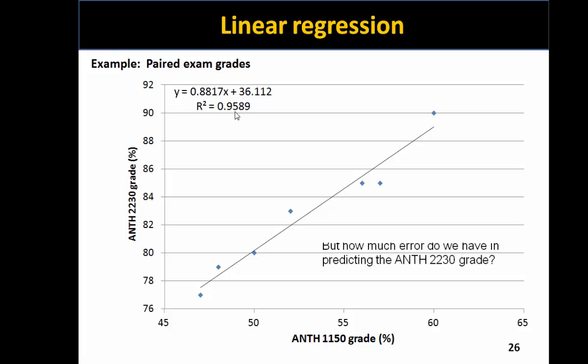And so what we are left to do here is to get an estimate of how much error we can expect in predicting the outcome of the second year anthropology course, knowing that we do have a very strong correlation and a strong coefficient of determination here, that the maximum value can only be 1.0 or 100%, but we see that the raw scores do not fit perfectly on the line of best fit, but they're not located that far either vertically.